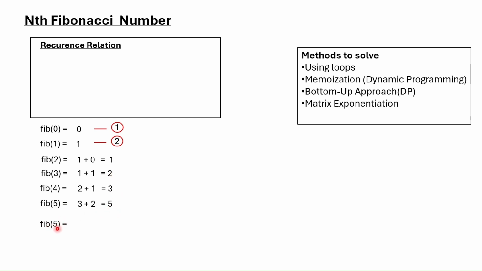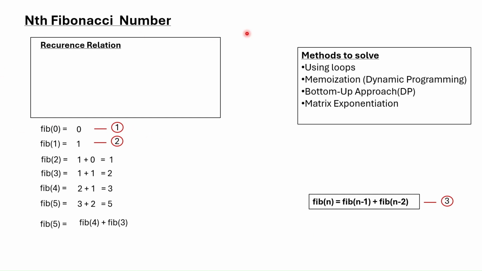So what we can write is that this Fibonacci of 5 is the sum of Fibonacci of 4 plus Fibonacci of 3. So this is the sum of previous two terms. So now we can conclude Fibonacci of n term is Fibonacci of n minus 1 terms plus Fibonacci of n minus 2 terms. So let's name it as equation 3.